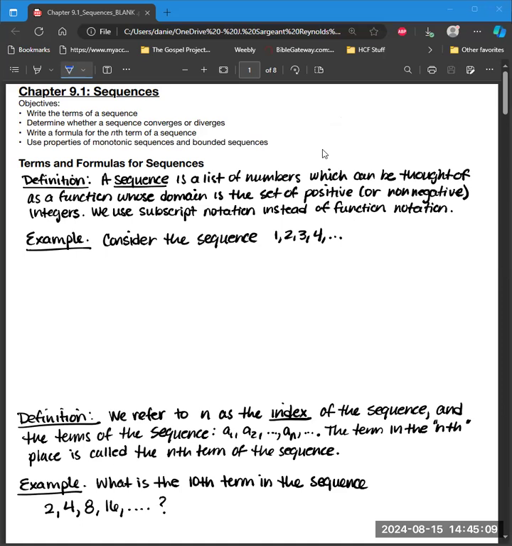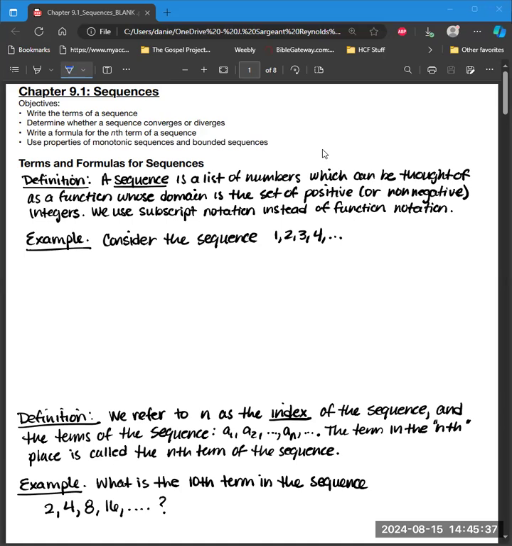So let's go ahead and define here that a sequence is a list of numbers which can be thought of as a function whose domain is the set of positive or non-negative integers, meaning that its domain is either going to be the natural numbers 1, 2, 3, 4, 5, 6, 7, 8, 9, and so on, or the whole numbers 0, 1, 2, 3, 4, 5, 6, 7, 8, 9, and so on.